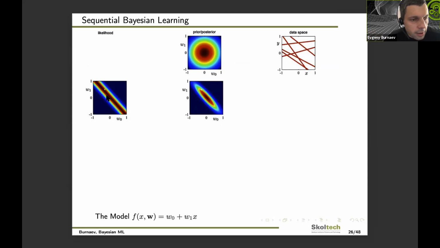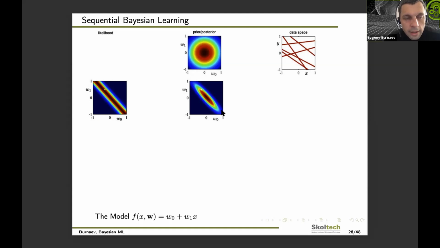So most of the probability mass is concentrated along this diagonal. When I multiply this prior by this likelihood to estimate the posterior, this likelihood cuts the probability mass in this region and in this region.